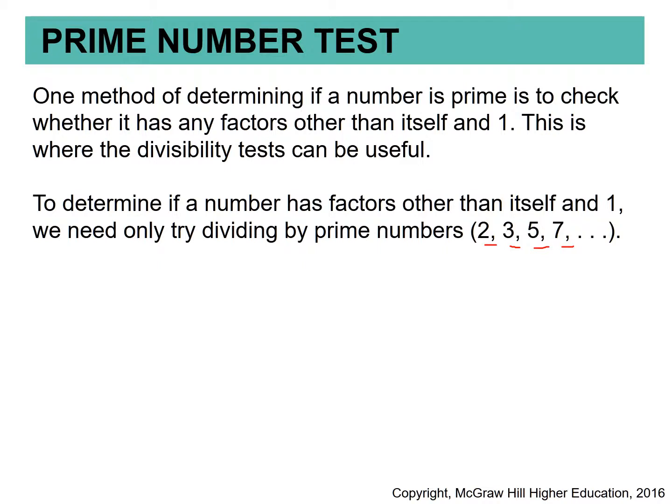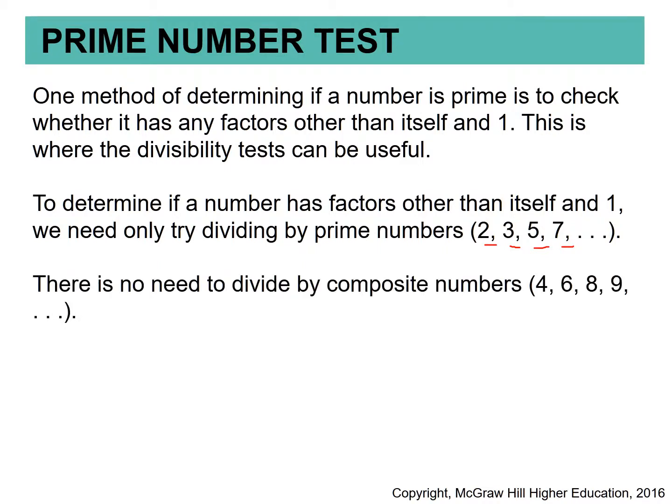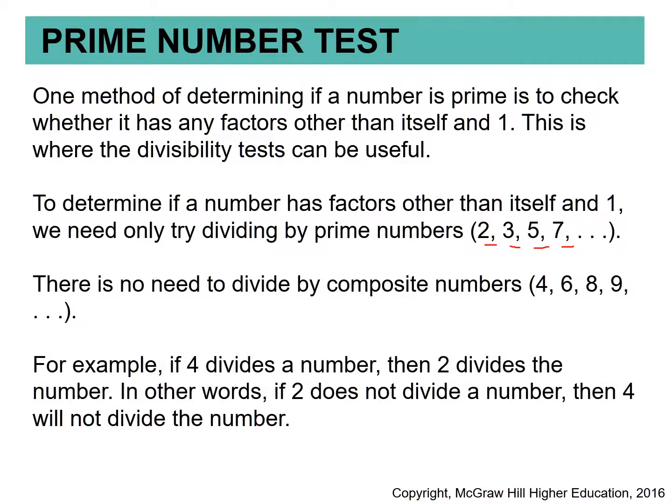Since we test 2, we don't have to test any multiple of 2. That's nice. And once we test 3, we don't have to test any multiple of 3. So we only have to test the prime numbers. I don't have to test for 4 because 2 goes into 4, so I already know that if 4 goes into the number, 2 goes into it also.